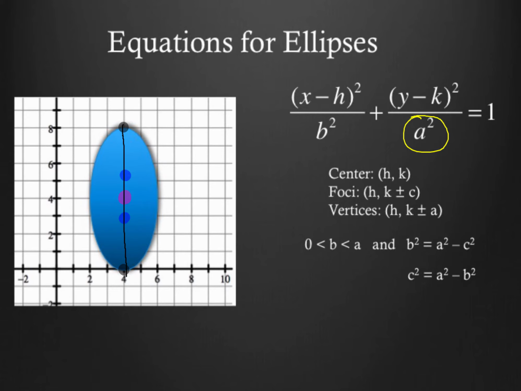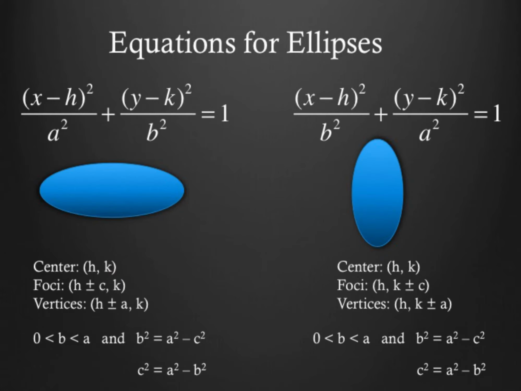So again, same equations and same kind of requirements, with a having to be the biggest number between a and b, and two equations to help you find the value of b squared. Alright, so we'll practice these and it'll start to make sense when we actually put some numbers in, but I wanted to go ahead and show you one page that kind of summarizes all of that. So this page is the one that puts everything together, and it's all right there in one spot.